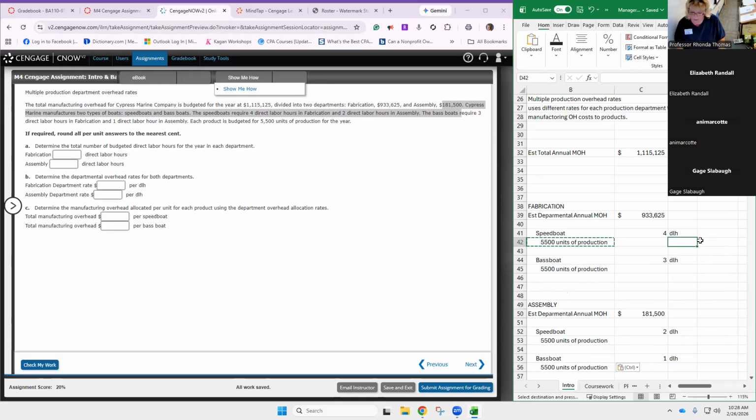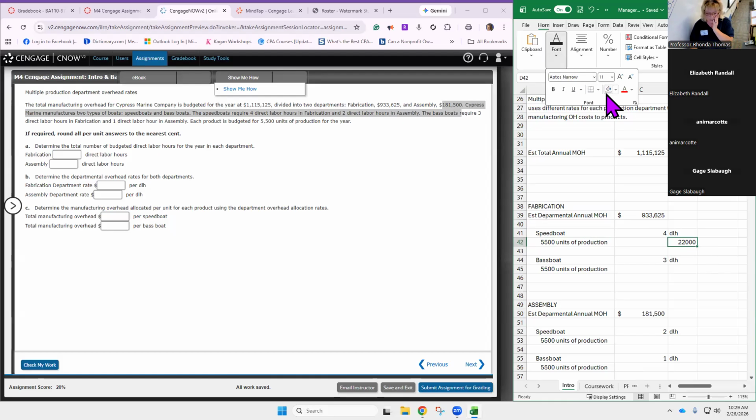Okay, so it looks like these hours, so let me do the math. All right, so 4 times 5,500 is 22,000 hours. Okay, 22,000 hours of fabrication direct labor is going to make 5,500 units of the boat, right?